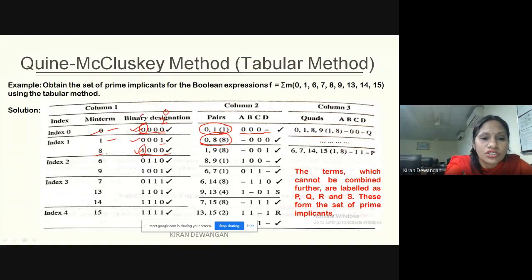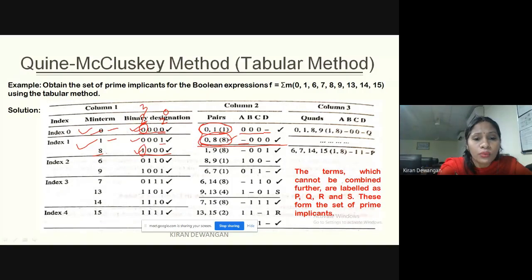So this is the position 2 to the power 3, and hence it is written 8. At the position of 8 it is differing, and we'll mark a dash here, and we'll write the rest of the binary designation as it is. So here we are getting two pairs by comparing the terms of index 0 and index 1. The two pairs have been formed. This is done. We'll mark a line over here.